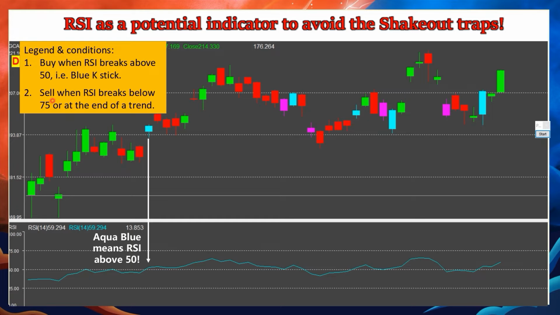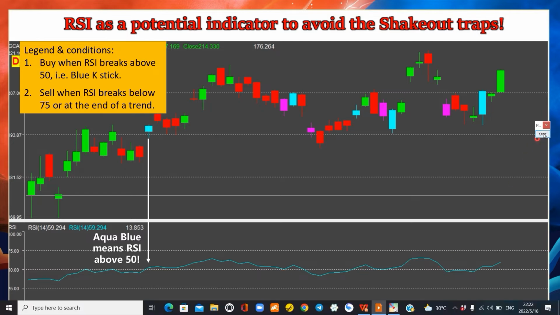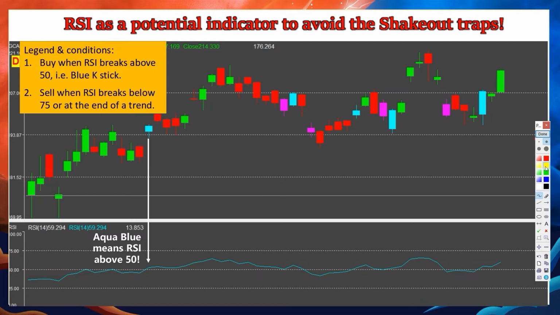Now, the action for selling is when the RSI breaks below 75, or is at the end of the trend. Currently, this particular diagram doesn't have an RSI below 75. What it means is, if you see that the RSI indicator is going above 75 and suddenly it U-turns down and breaks below 75, this will also trigger a selling action.